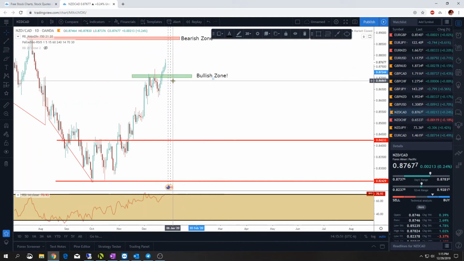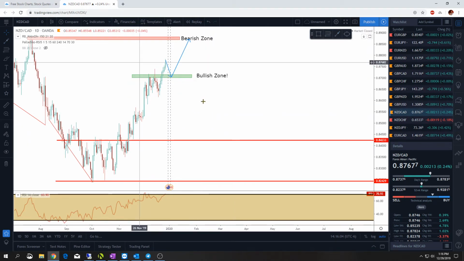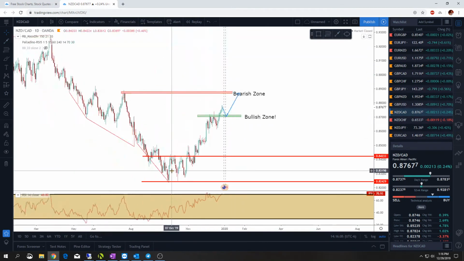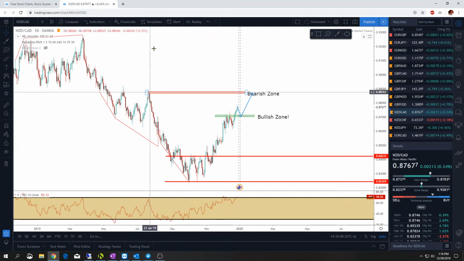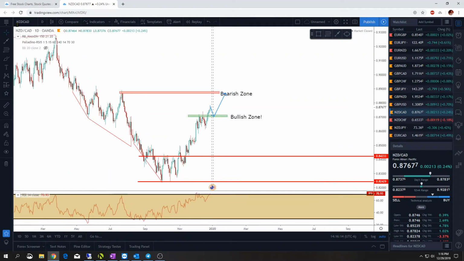If we get a pullback to this area, I will get bullish, and I'll go ahead and draw some arrows. Boom, that's what I'm looking for. And if we get a break of this level, we get all the way up to here. So again, the New Zealand dollar's been on a rip-roaring run, crushing everyone, and it may just continue.